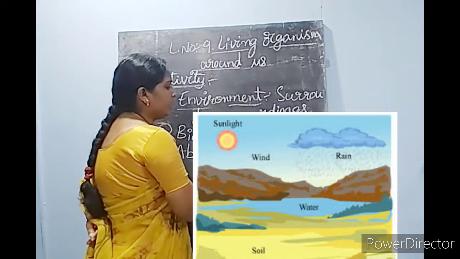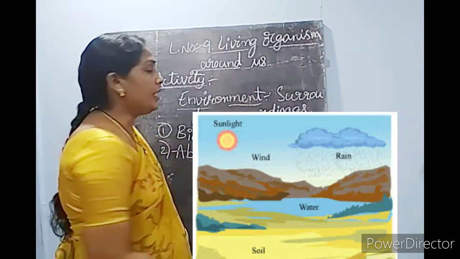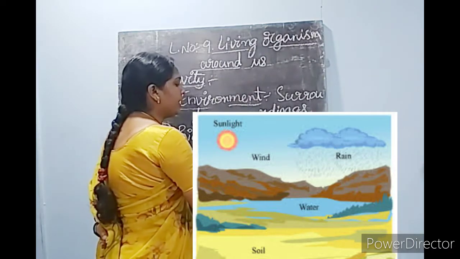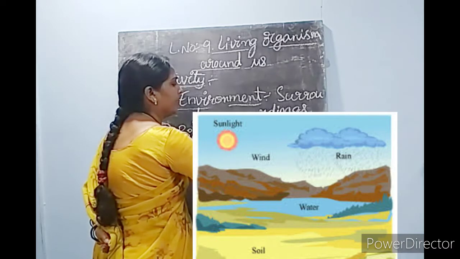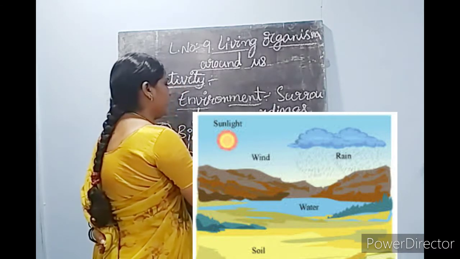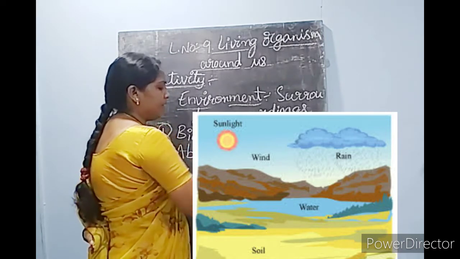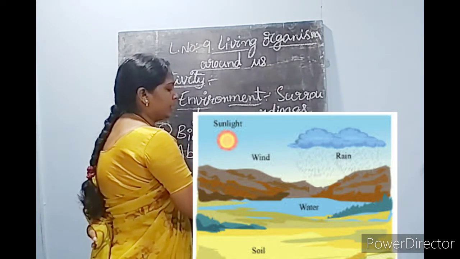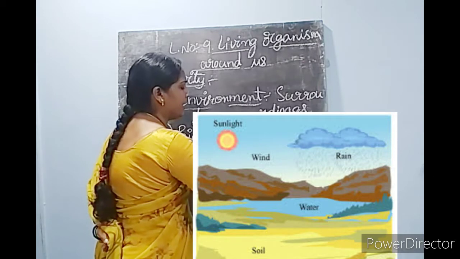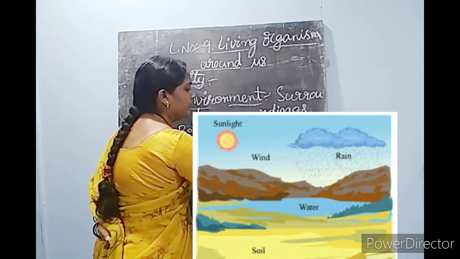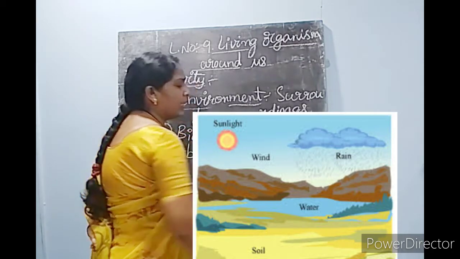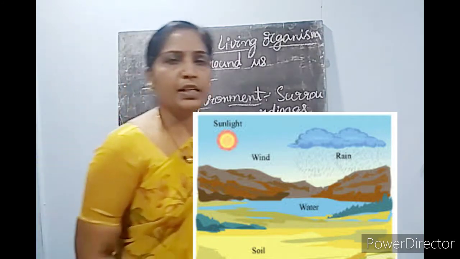And abiotic things means non-living things. Biotic are living things, whereas abiotic means non-living things like water, soil, air, sunlight, humidity, temperature.